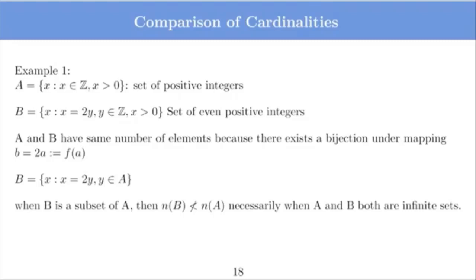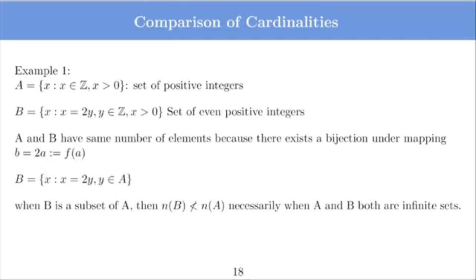But that is not the case. You can take one element of A, 1, and map it to 2. Then you can take 2 and map it to 4. You can take 3 and map it to 6. So you take any element n in A, and you can map it to 2n in B. It is a bijection map. Why? Because you take any element in B and you have a map.